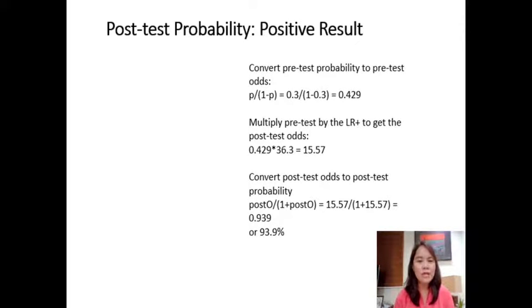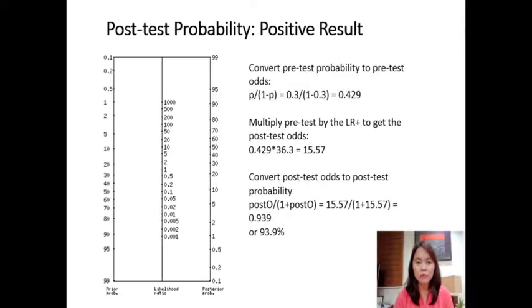If you are not very keen about going through all these steps of calculation, you can actually use the so-called nomogram. So to orient you, the leftmost part of the nomogram corresponds to the pretest probability, the middle line corresponds to the likelihood ratios, and the rightmost line corresponds to your post-test probability. Remember that our pre-test probability for the patient was 30%. So you just plot it as indicated by the red circle, and then you look at the LR positive.